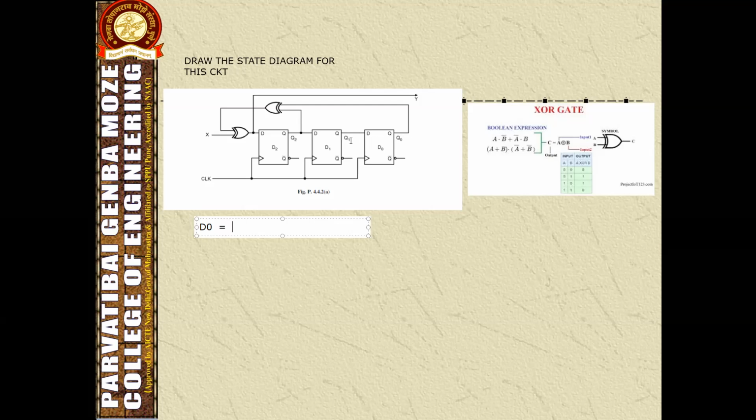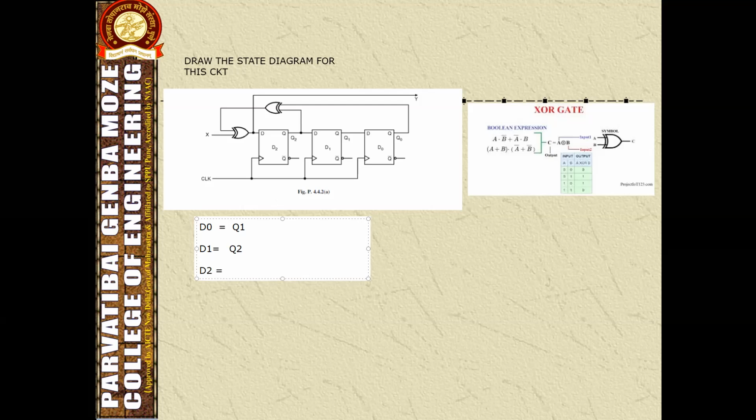The input is Q1, so whatever information is on the Q1 terminal, it will provide at the output Q0. First, we will consider the inputs. What is the input of D1? This D1 has the input Q2.